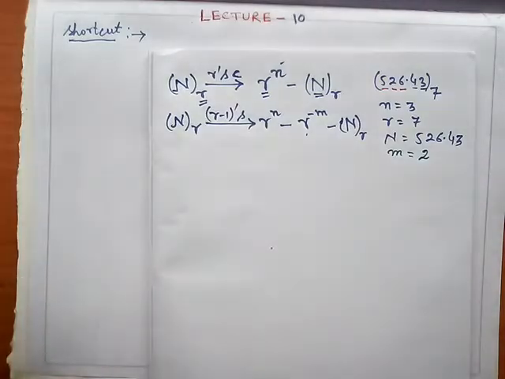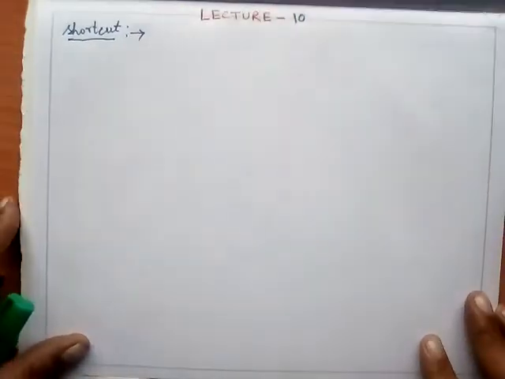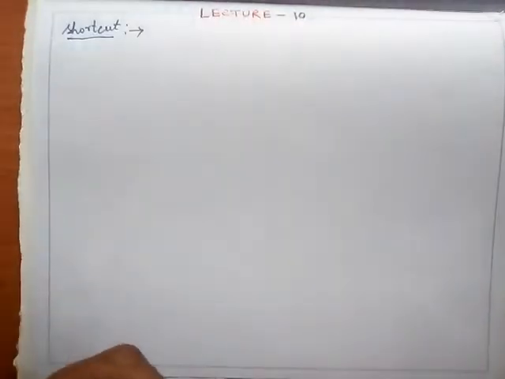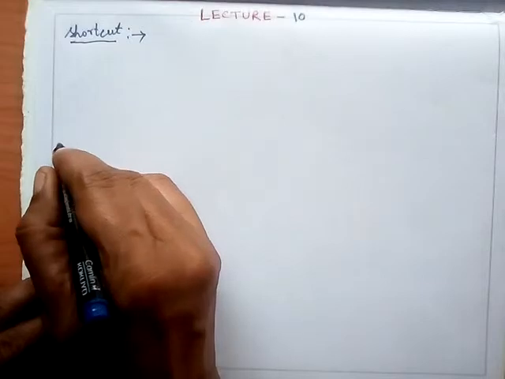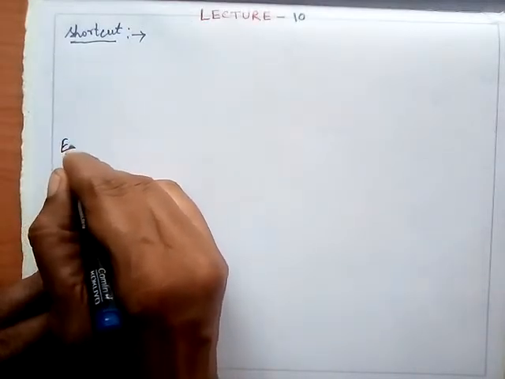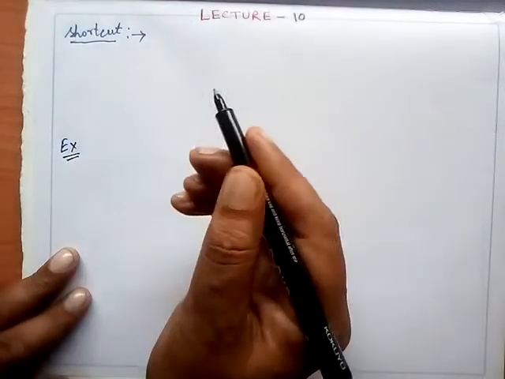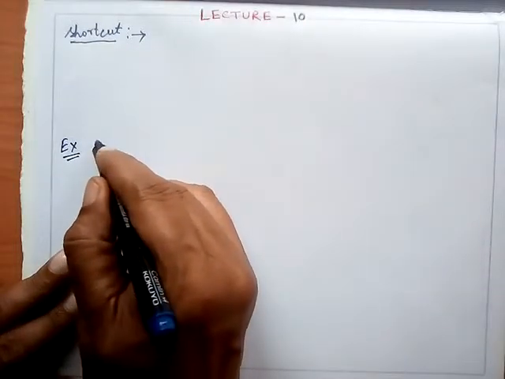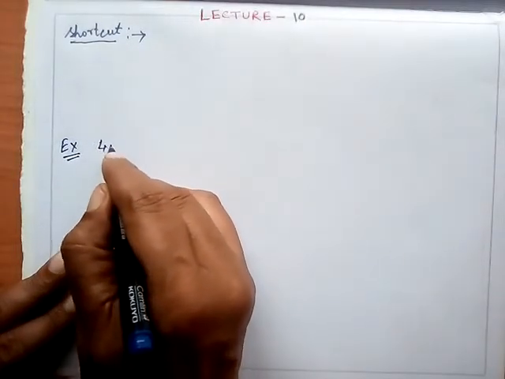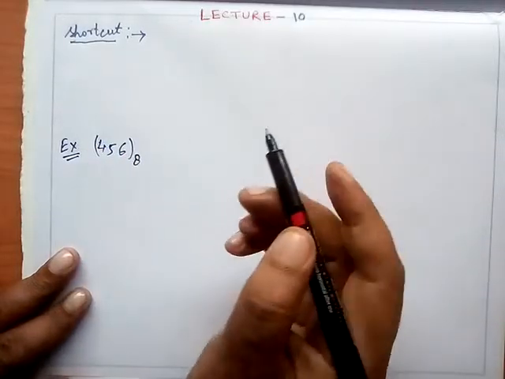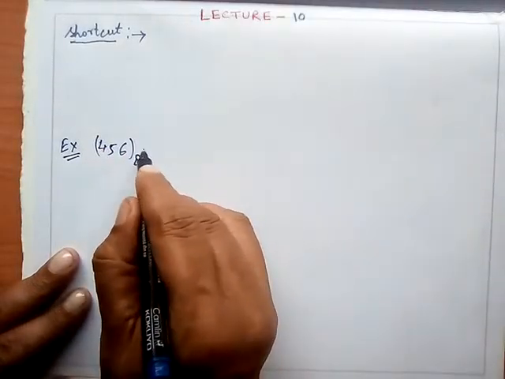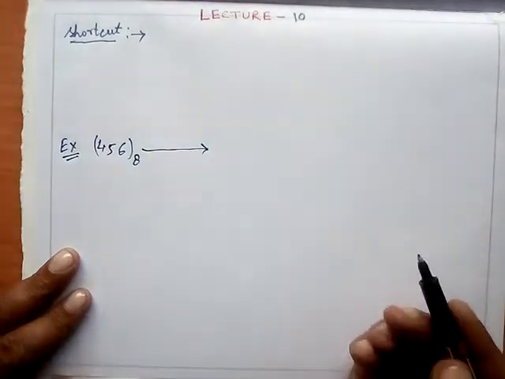Now let's take an example. I'll leave some space for writing what are the rules for the shortcut. Suppose I have a number 456 in base 8, and I say find its complement.